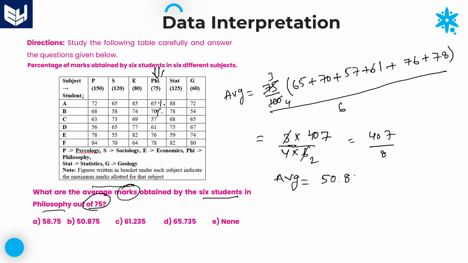And next 60 is there, 8 7s are 56, 40 is there, 8 5s are 40. Now the average marks of all the 6 students in the subject philosophy is nothing but 50.875. That is option B. Option B is the right answer for this question.